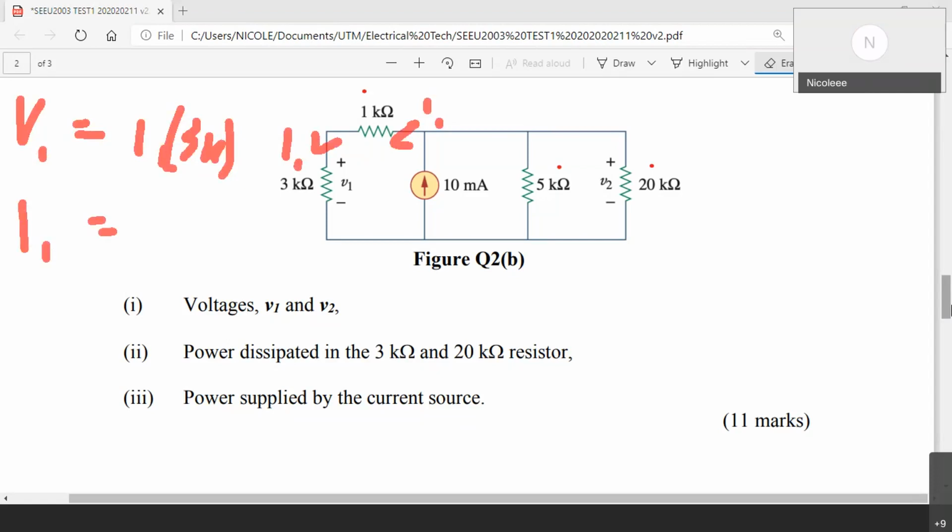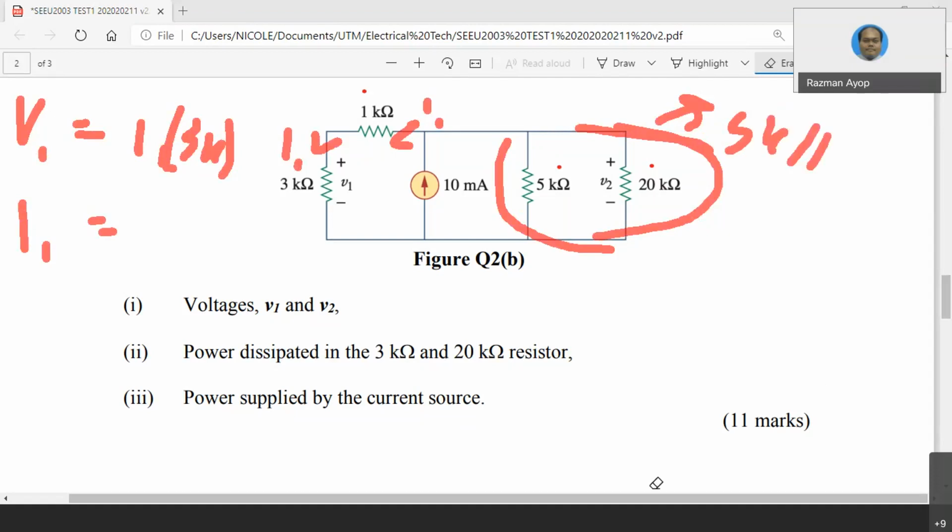So you have to find the resistance at this location and this location. This resistance is parallel, so 5K parallel with 20K, you get 4K, right? And this one is also 4K because it is in series.